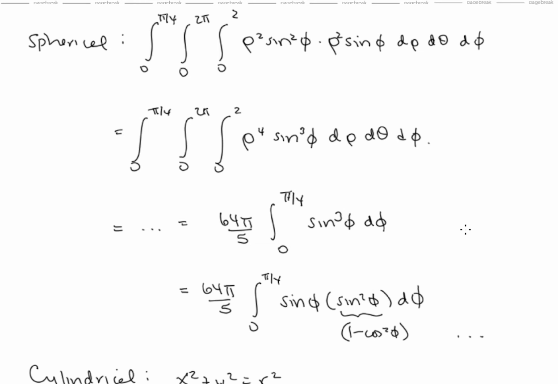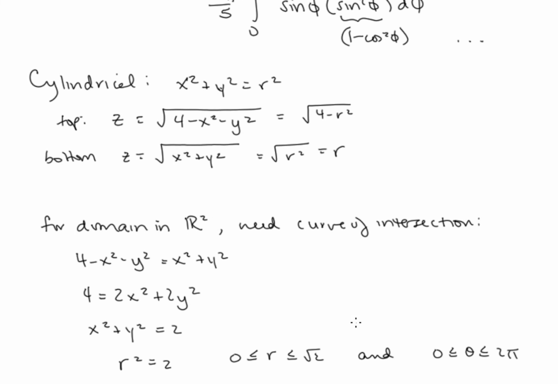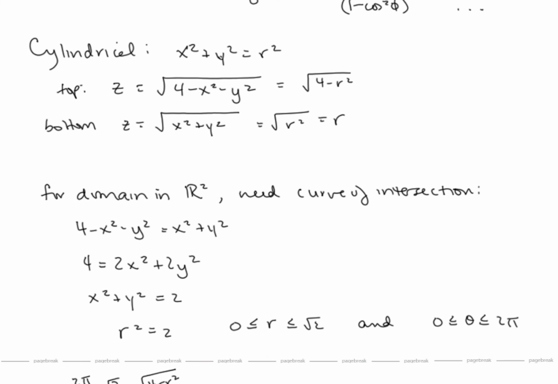So notice that in spherical coordinates, the domain was described very simply, right? All the bounds are constant here, but the inside function is not so simple to integrate. It requires a bit of work. So we might consider instead cylindrical coordinates here. And let's take a look at that. In cylindrical coordinates, our inside function is x squared plus y squared, so that's equal to r squared.